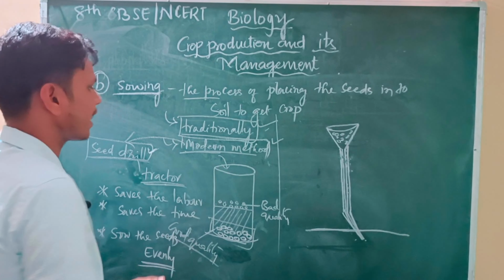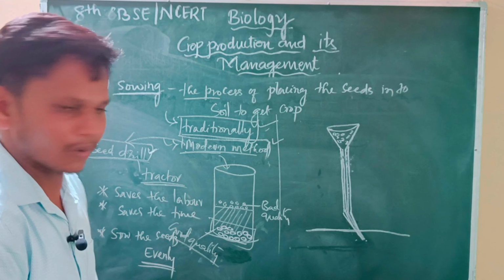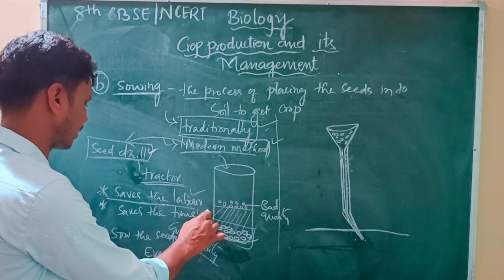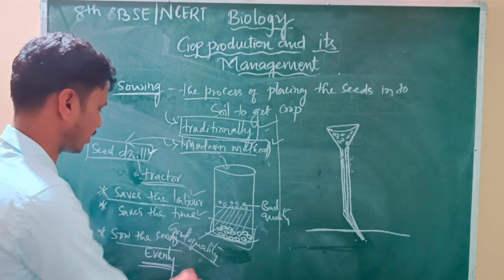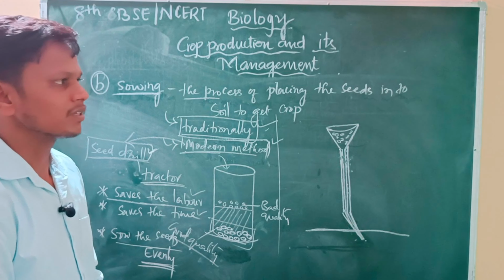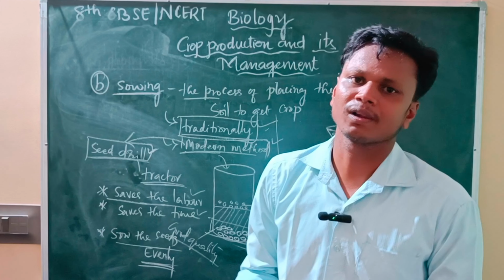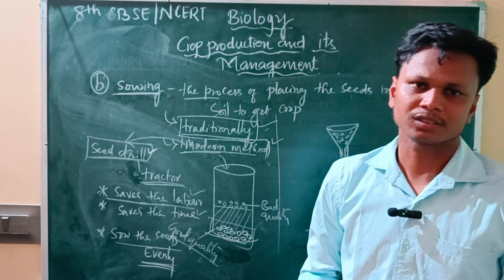The modern method is using a seed drill. The advantage of using a seed drill is to save labor and time, and we can sow the seeds very evenly. Okay, we will stop at this stage, and we will meet in the next video.